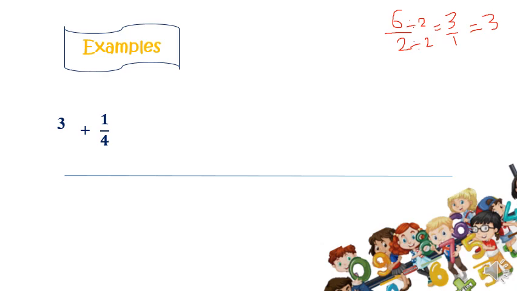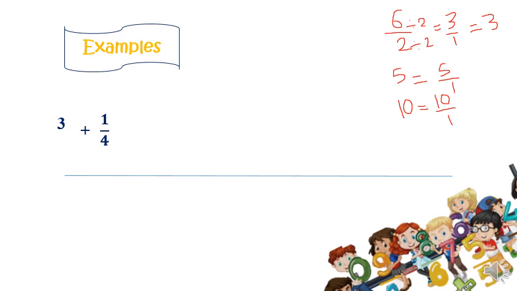Any number you have like 5, you can write it as a fraction by writing 5 over 1. A fraction bar indicates division. If you divide 5 over 1, it will give you the same answer, which is 5. If you have 10 and you want to write it as a fraction, you can write it as 10 over 1.